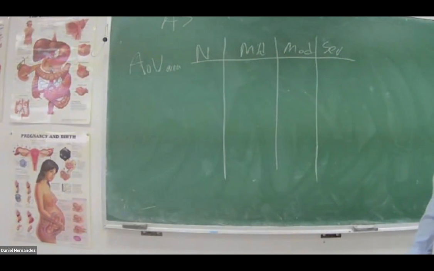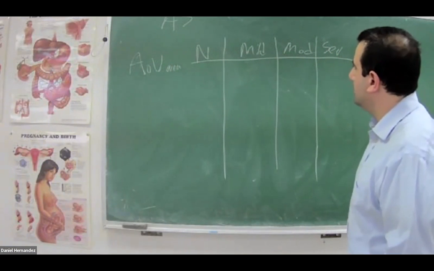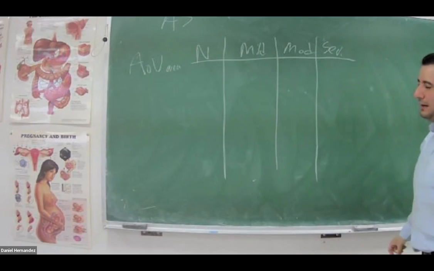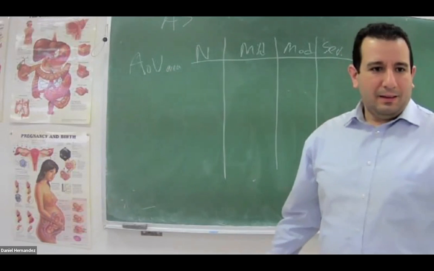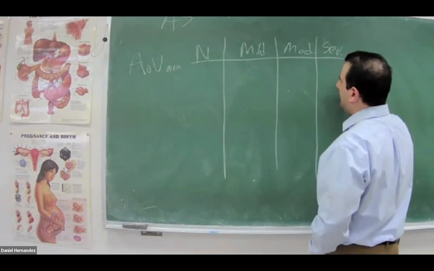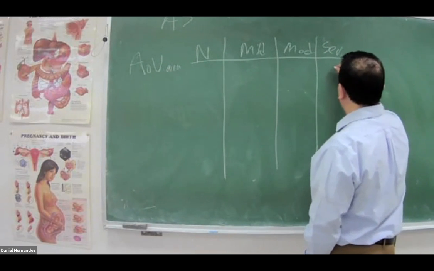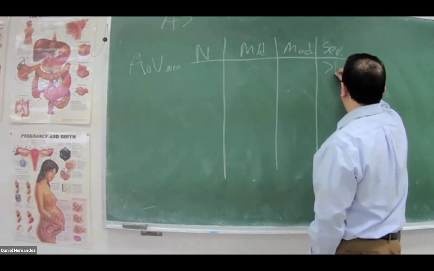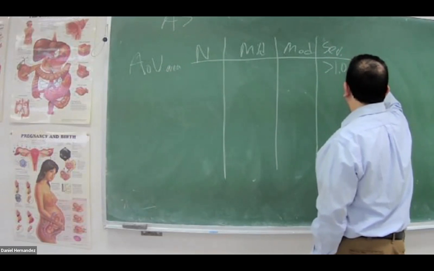I always like to do my charts in reverse, starting with severe, because particularly with aortic and mitral valve, the numbers are easy. For severe aortic stenosis, you're going to have a valve area less than 1 centimeter squared.